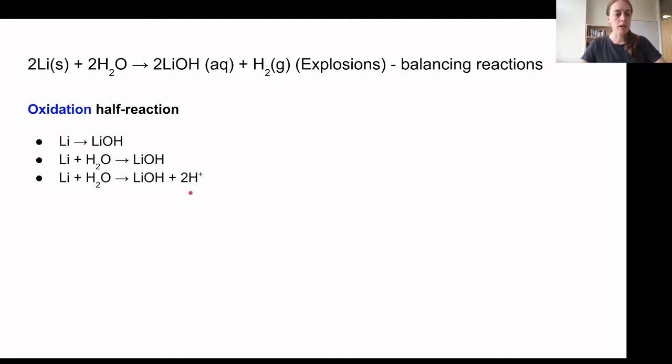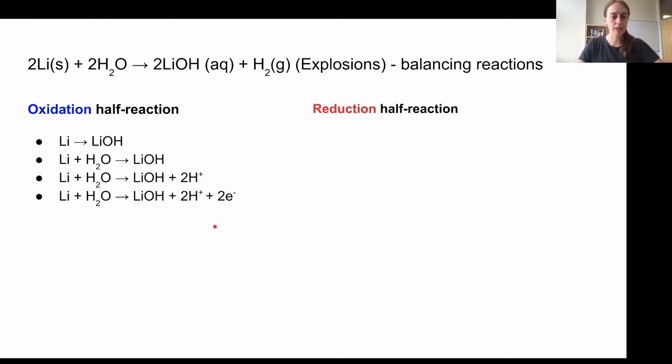So we need to add hydrogens over here, and then to keep this balanced in terms of charge, we can see that we have +2 over here, so we're going to need to add 2 electrons over here.